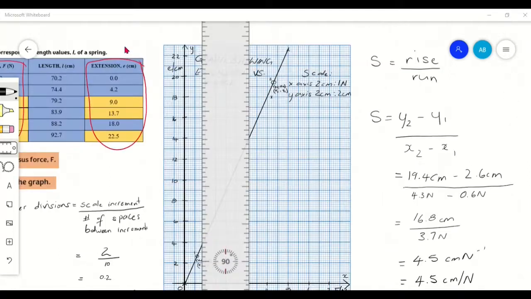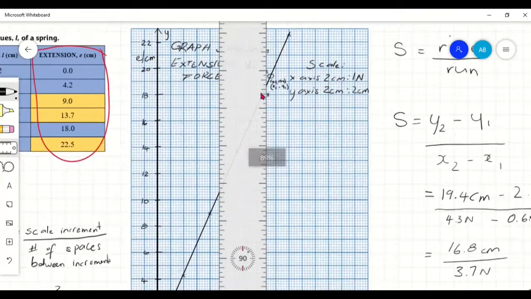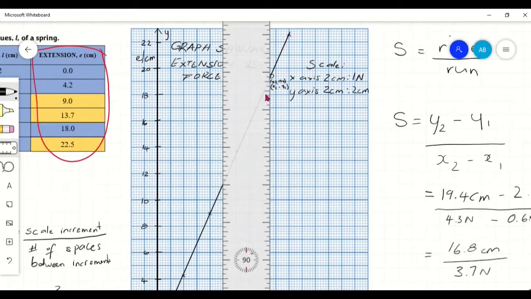Just before I wrap this video, I wanted to show you how to get your triangle to represent your gradient points. So you're going to take your ruler, put it along the point 2, and you will draw a vertical line.